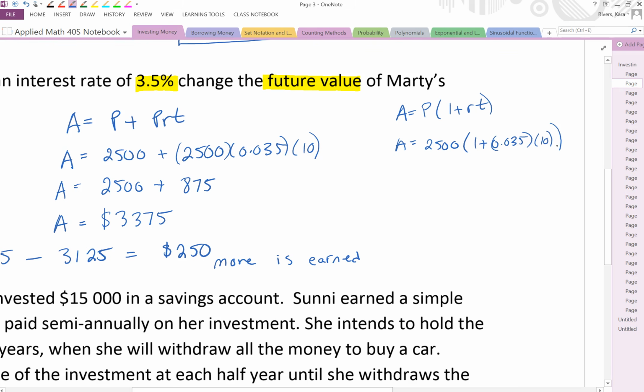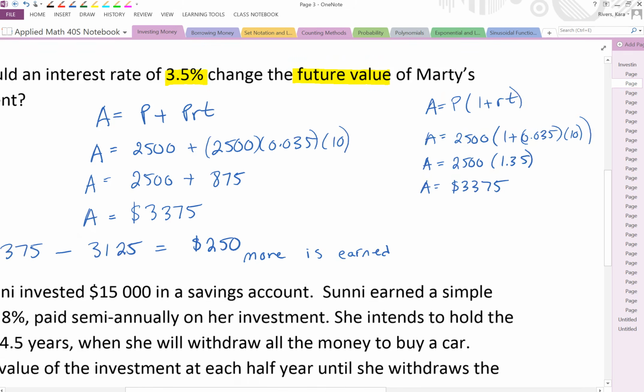So you're still going to be aware of our order of operations, and then multiplying that together, you should still get the same A value that we were getting over here. So here this would change to 2,500 times 1.35, and if we do that math, you should still get the $3,375. And then the second step would be the same.